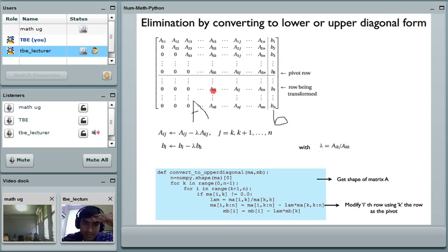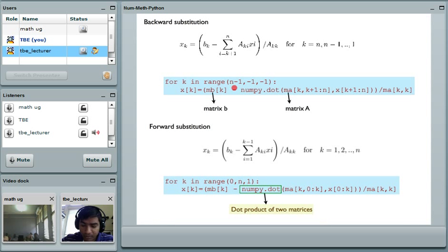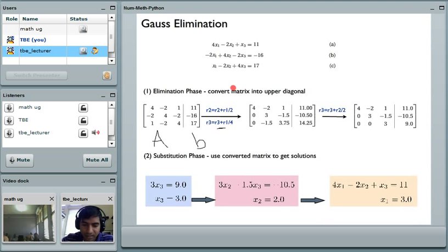So this is basically the method for doing a conversion to upper or lower diagonal matrices. Now I have to bring to your notice that the substitution need not always start with x3. In this particular example, where I convert the matrix into an upper diagonal matrix, I did something called backward substitution, where I start from x3 and then go up. While if I convert the matrix into a lower diagonal form, I will start from x1, then find x2, and then x3.